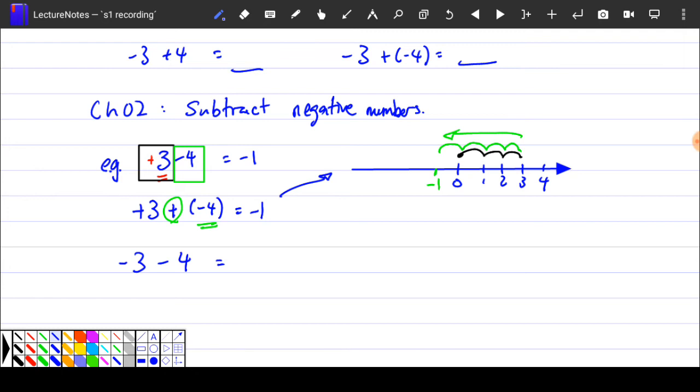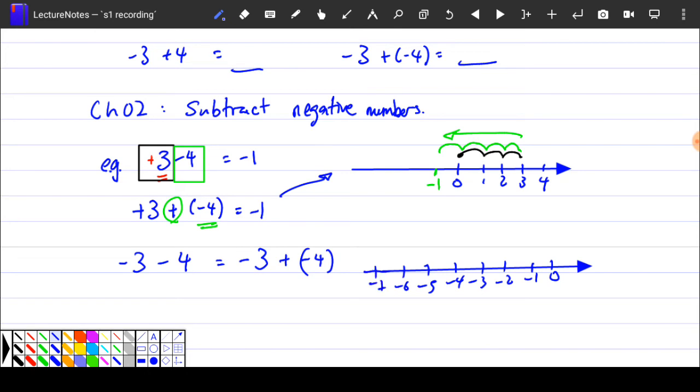Alright, so let's try and compare. So negative 3 plus a negative 4, right? So both ways, when we look at the number line, will give us the same answer. So negative 3, let's have a 0 here. Negative 1, negative 2, negative 3, negative 4, negative 5, negative 6, negative 7, negative 8.